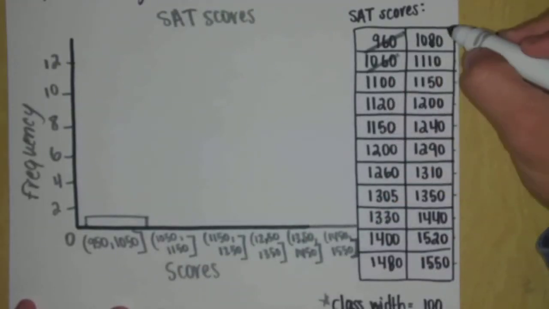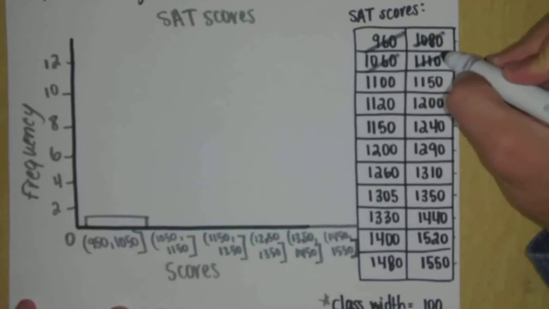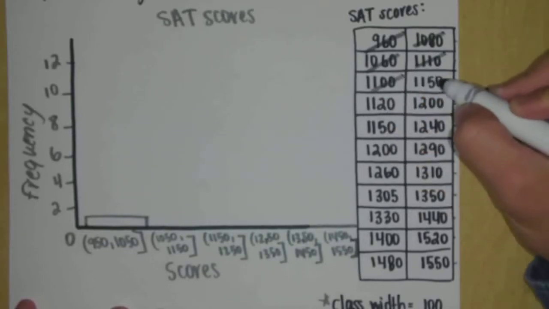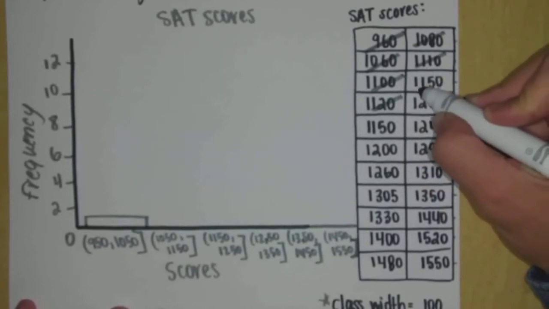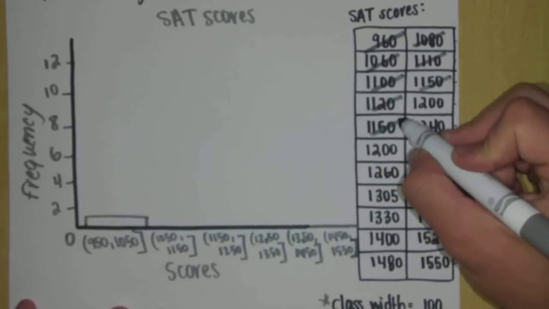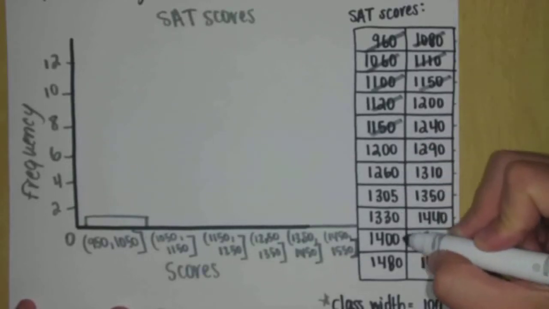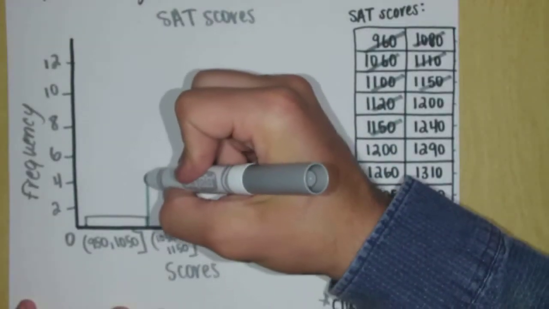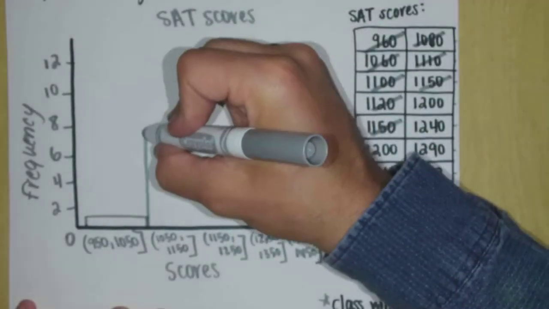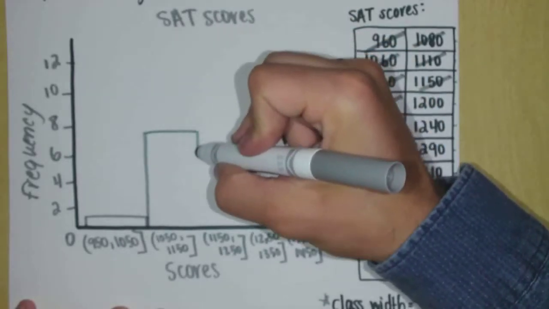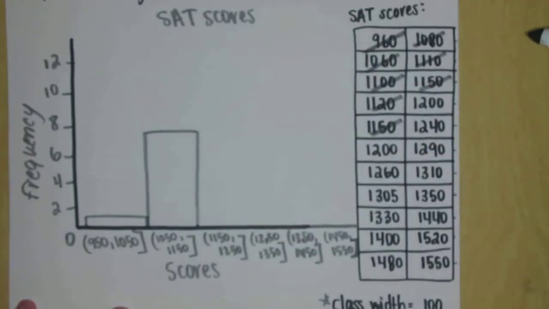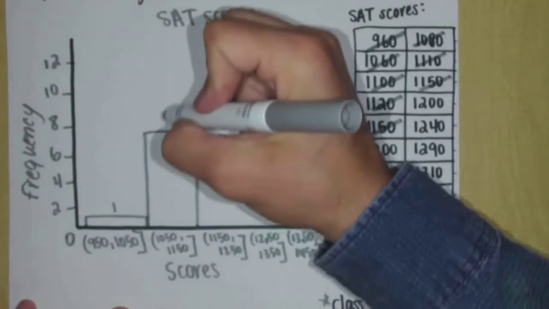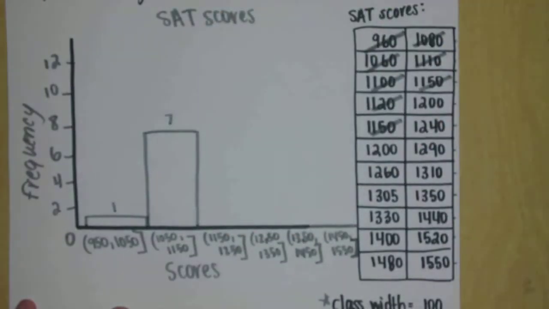So 1, 2, 3, 4, 5. I can include 1150, so 6, 7. Any other? Nope. So 7 values go up to 1150. So I have to go all the way up in between 6 and 8. Make my class. And I'm going to go back and put those little numbers above so that we all know. So we had 1, then we had 7.